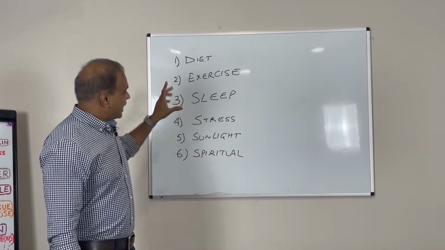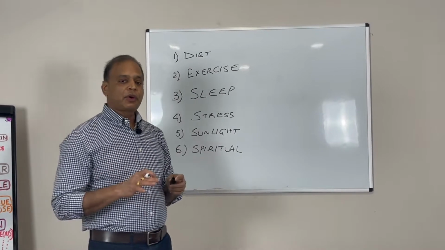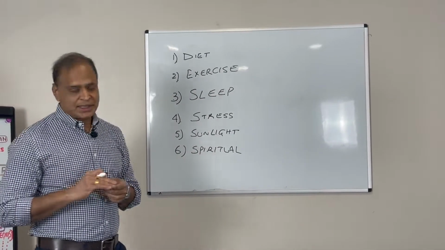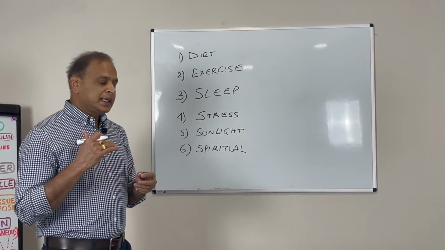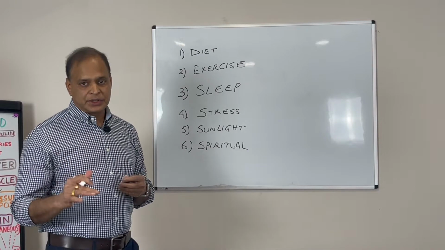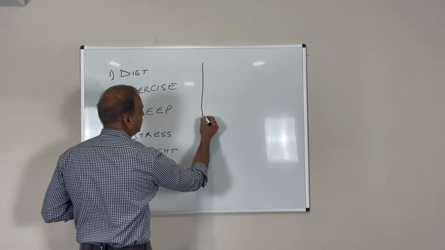So the essential principle that works here is that the body always follows a basic physiological principle called homeostasis, which means the laws of diminishing returns apply. I will show you that on a graph for you to understand.